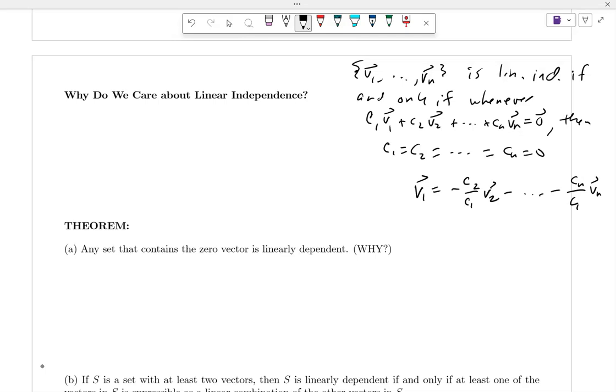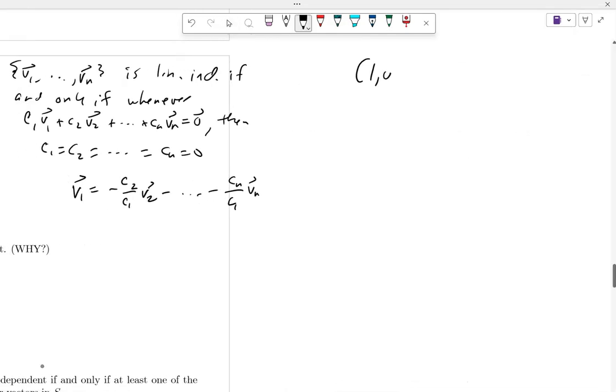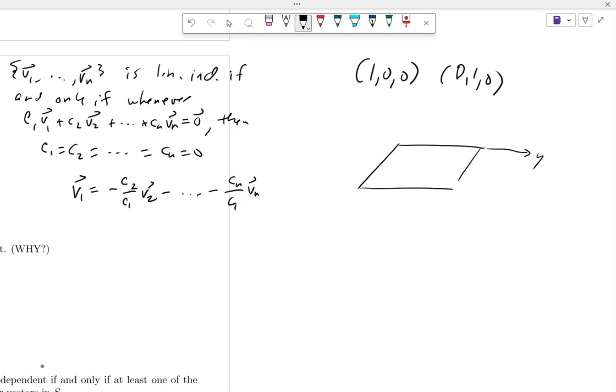For example, the easy example is that if I have (1, 0, 0) and (0, 1, 0) and did all the possible combinations of that, I get the XY plane.